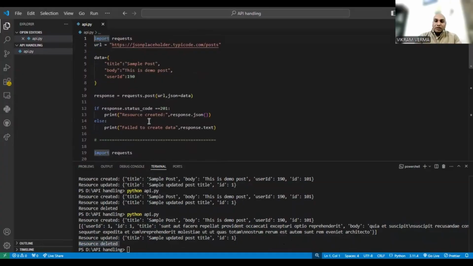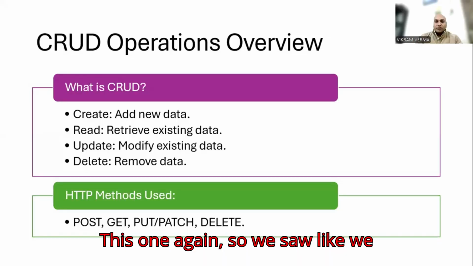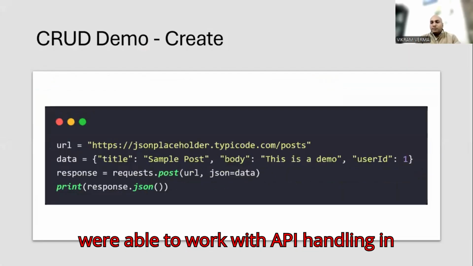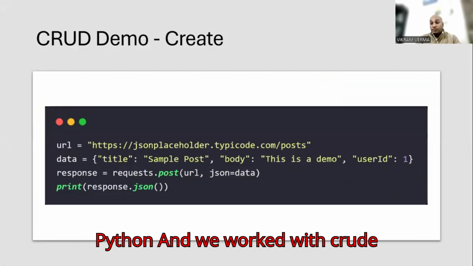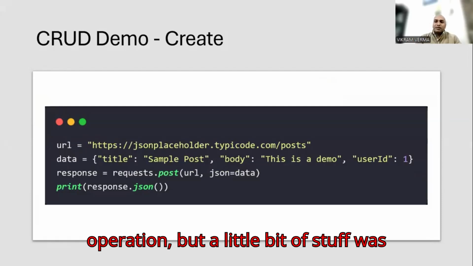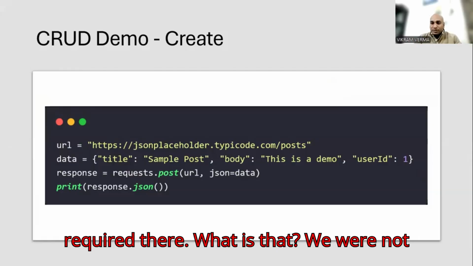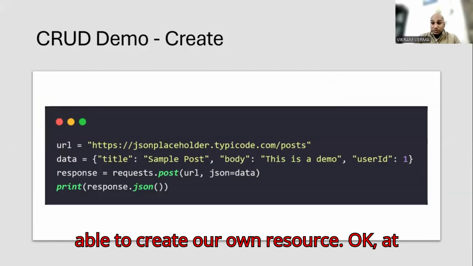All right. Okay. So let me move to this one again. We saw that we were able to work with API handling in Python and we worked with CRUD operations. But a little bit of stuff was required there. What is that? We were not able to create our own resource.